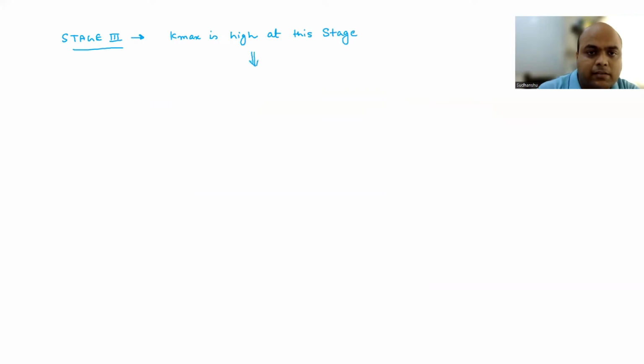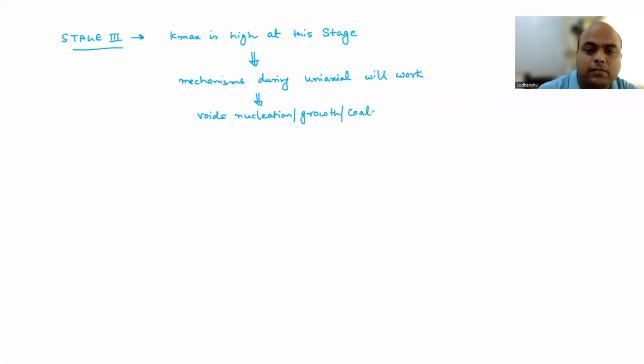And when this happens, the mechanisms whatever we have learned during uniaxial loading will work. Okay. And what are those mechanisms? So you are going to observe void nucleation, growth, and coalescence, and/or cleavage.